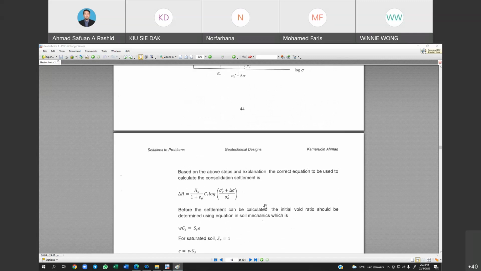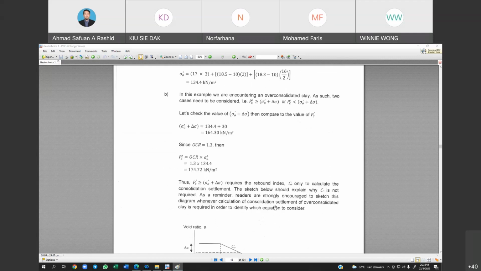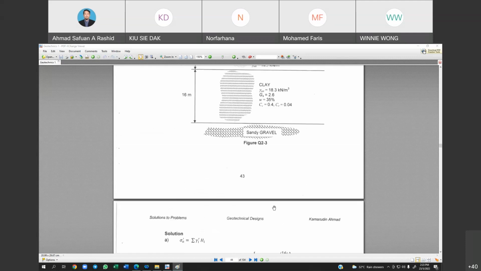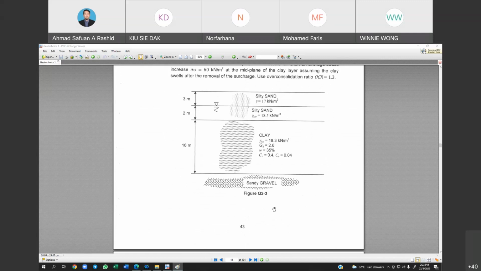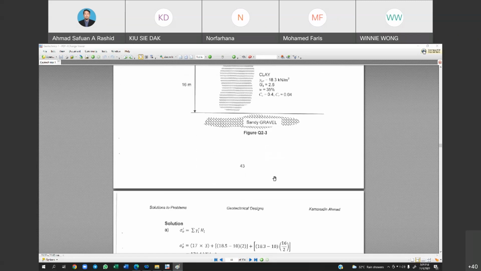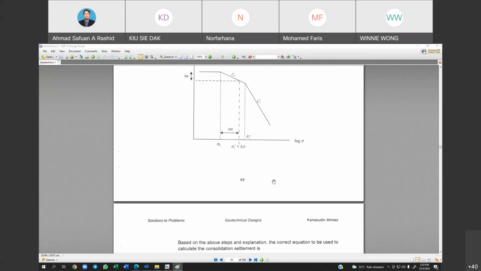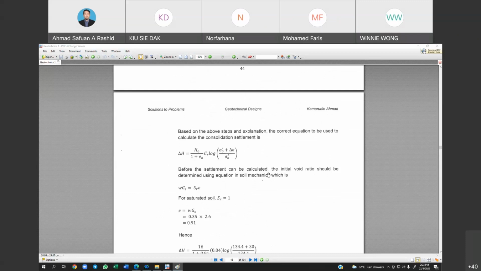Before the settlement can be calculated, the initial void ratio should be determined using the equation in soil mechanics, the same formula that we have already used previously. To get the e naught, it is Gs times w. So we get e naught equal to 0.91.